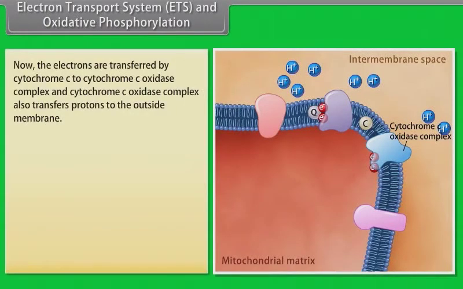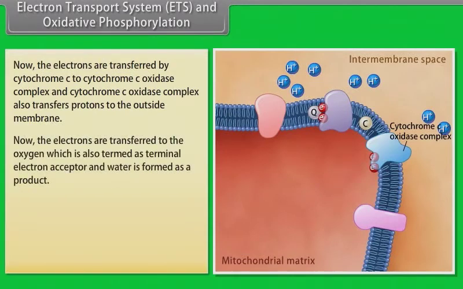Now the electrons are transferred by cytochrome C to cytochrome C oxidase complex, and cytochrome C oxidase complex also transfers protons to the outside of the membrane. Now the electrons are transferred to oxygen, which is also termed as the terminal electron acceptor, and water is formed as a product.